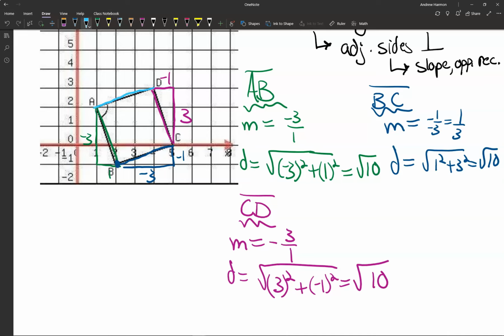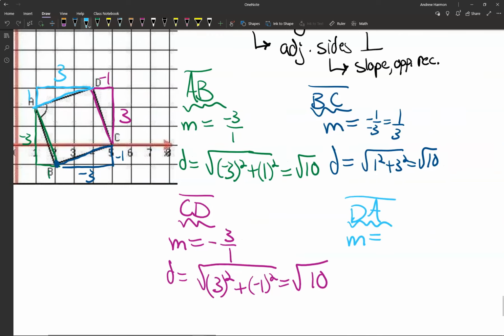DA, the side DA, slope of that side is going to be up 1 and +3 to the right. So it has a rise of 1, a run of 3, so a slope of 1/3. And then our distance, again, using those unsimplified slope values, we get 1 squared plus 3 squared, which in fact is the square root of 10.